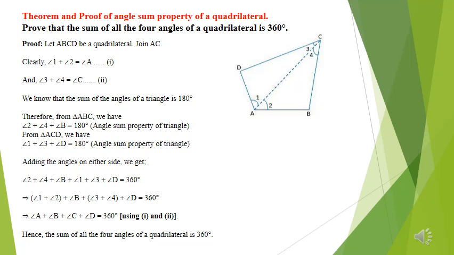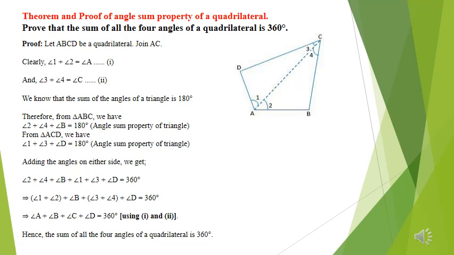So we will see the proof of this statement. Let us consider ABCD a quadrilateral where we join AC as its diagonal. So here we see that angle 1 plus angle 2 is equal to angle A, and angle 3 plus angle 4 is equal to angle C. We'll call these equation number 1 and equation number 2.